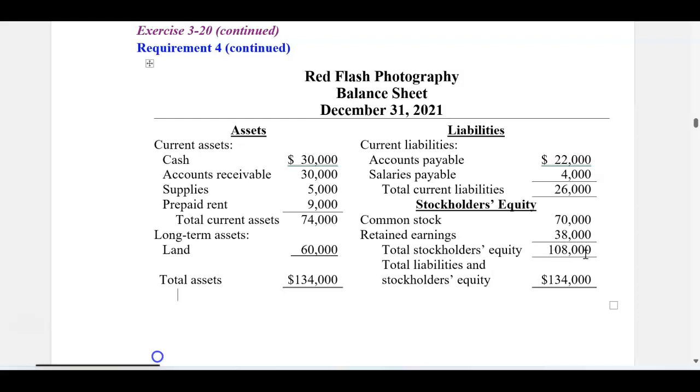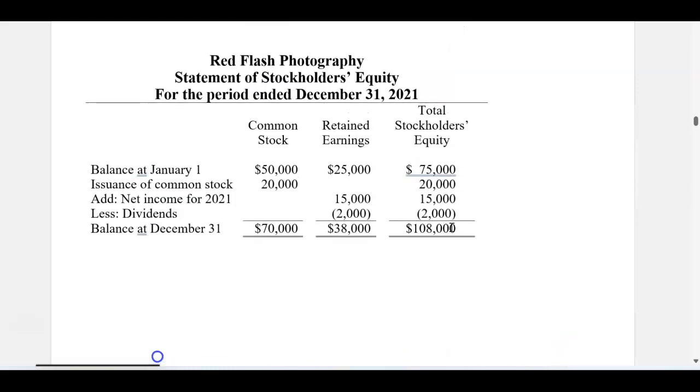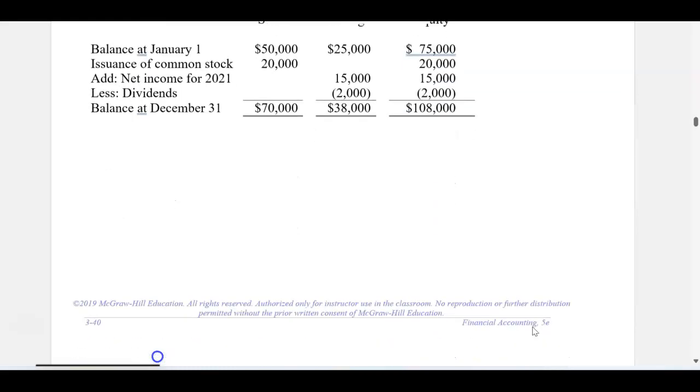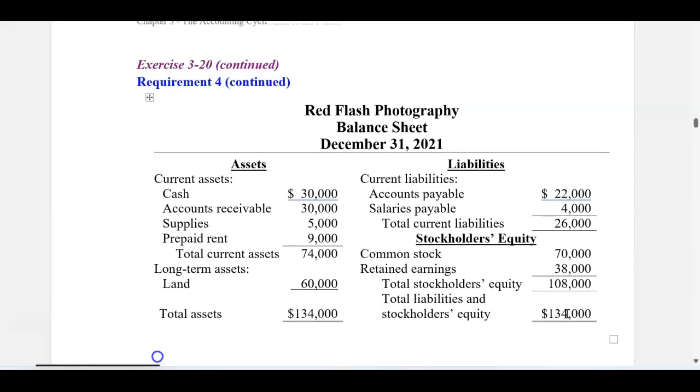Add them up, it's 108 total stockholders' equity, which exactly equals the 108 you see right there. Okay, that's good. Now you add your liabilities plus your equity, and that gives you $134,000, double line, dollar sign, which equals your total asset. So that was something from chapter 3 that you were asking to go back and review.